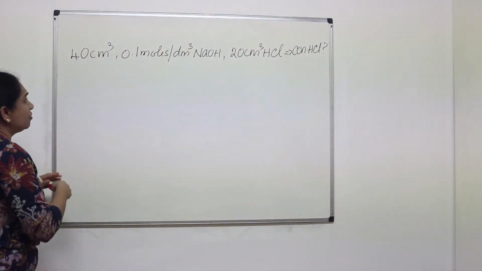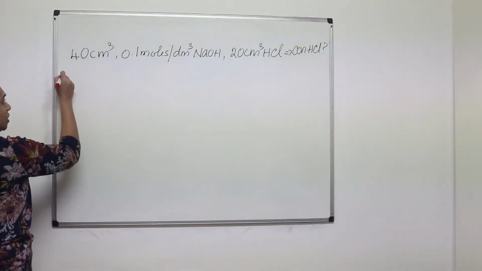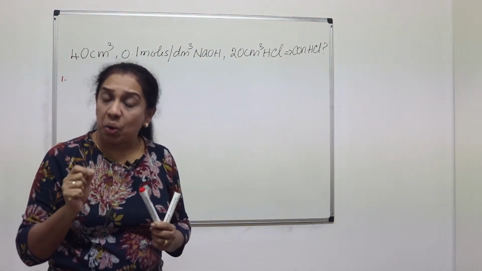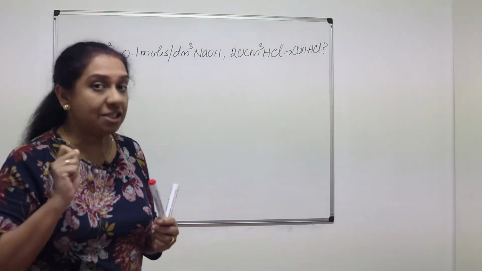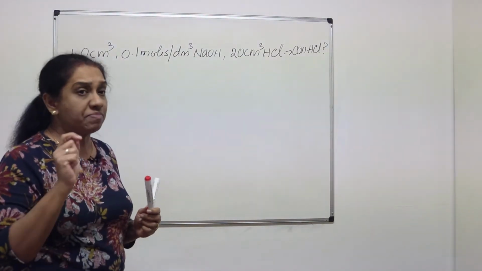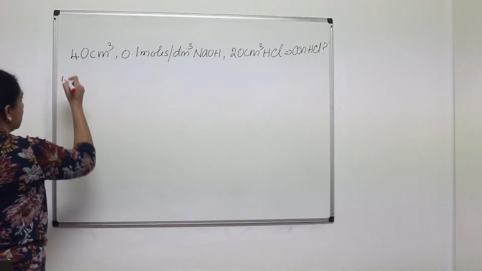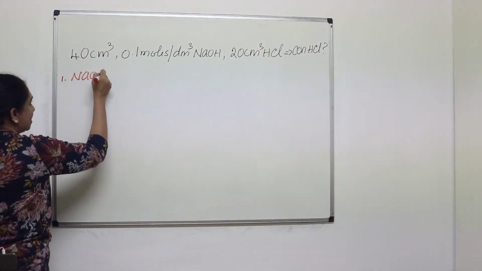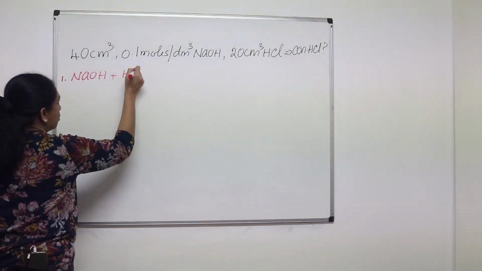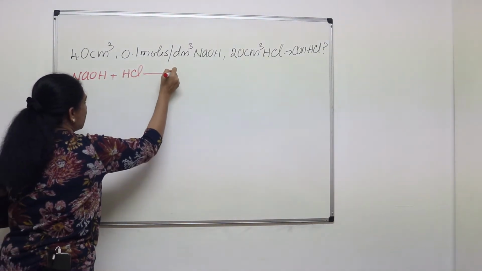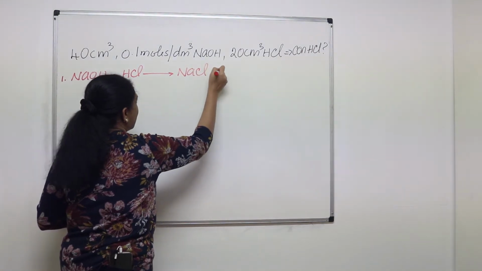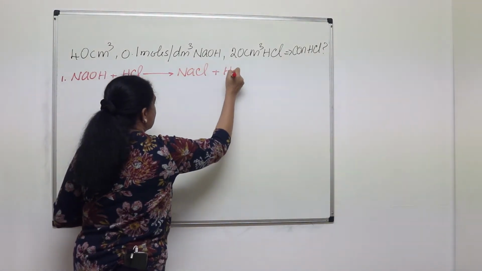Right. The first step, you are going to write down the balanced symbol equation of the reaction. So let's write down the balanced symbol equation, which is sodium hydroxide reacting with hydrochloric acid, which is going to give us sodium chloride and water.